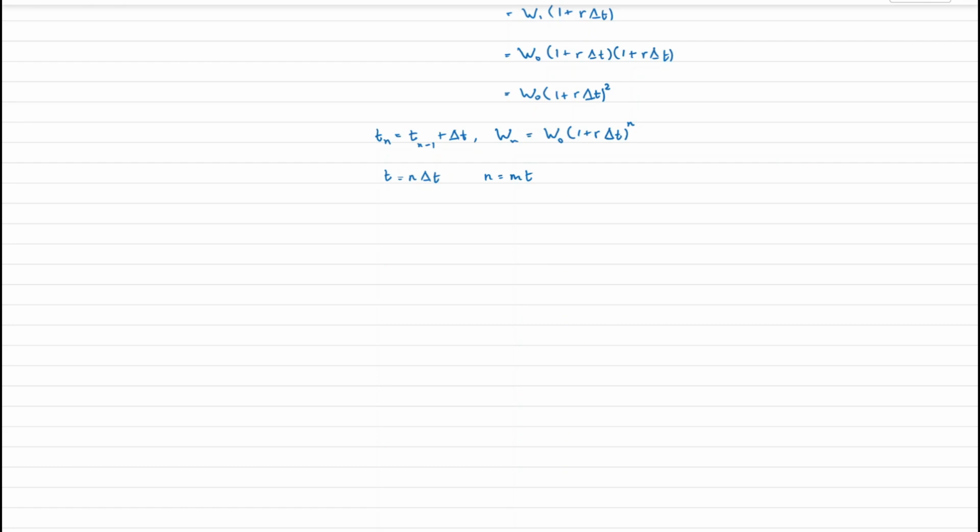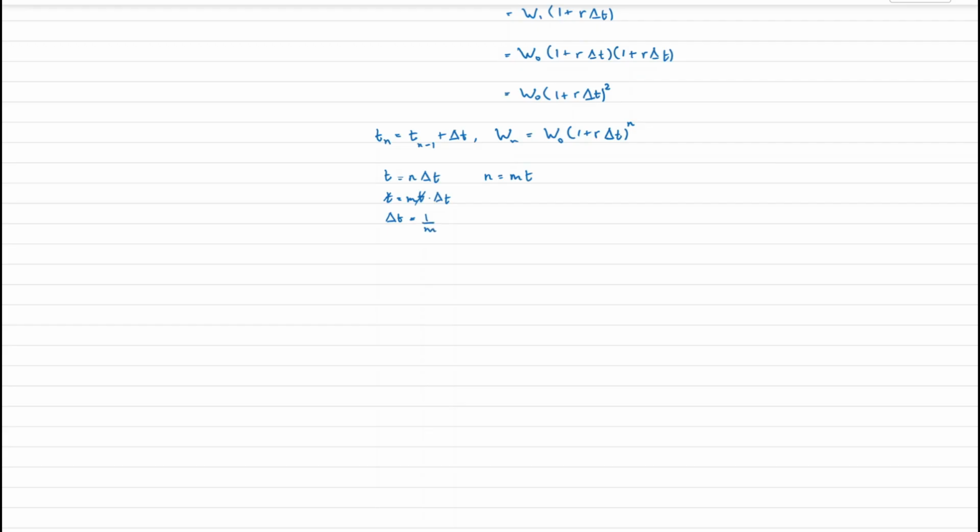Now I'm just going to remove n on the left hand side. So that's simply mt times delta t. The t's cancel. So we have delta t is simply 1 over m.